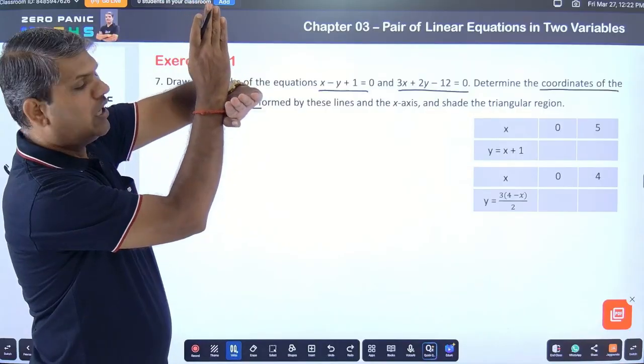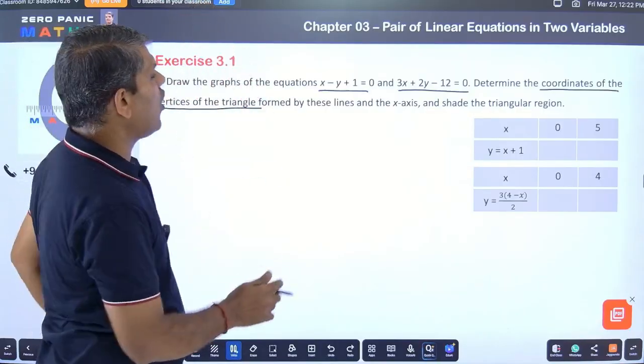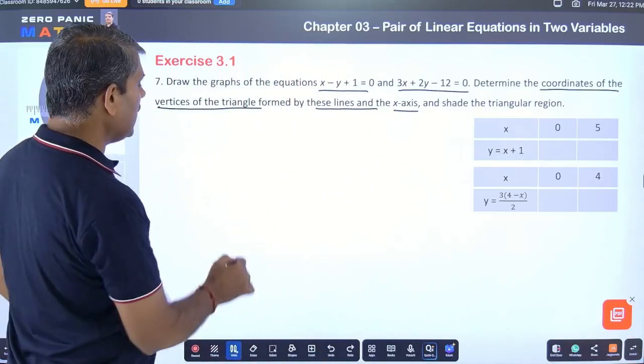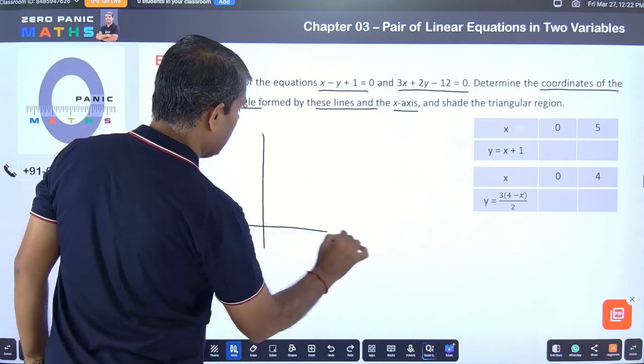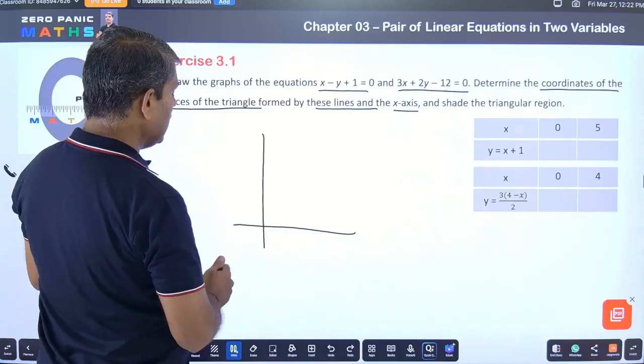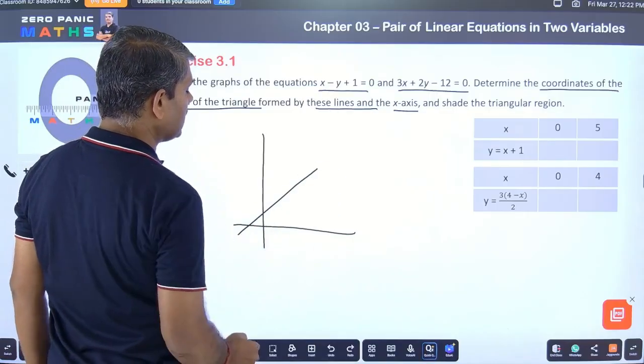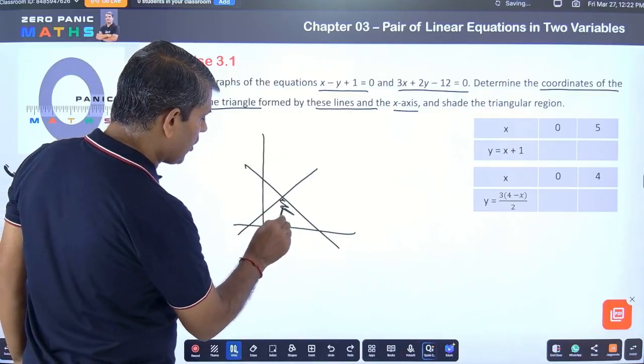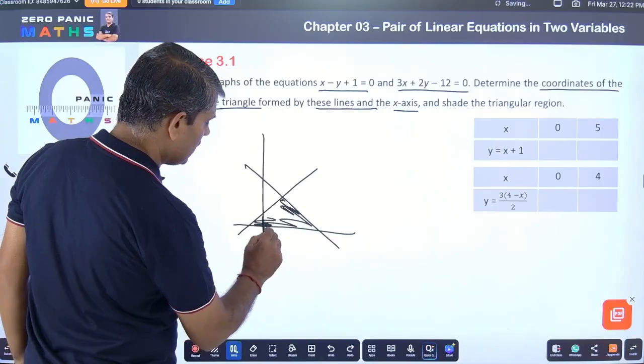If there are two lines crossing each other, formed by these lines with the x-axis, okay, something like this you are going to get. They are saying if this is the graph and if there is one line like this and another line like this, there will be a triangle that is formed here. You can identify this. Can you see this?